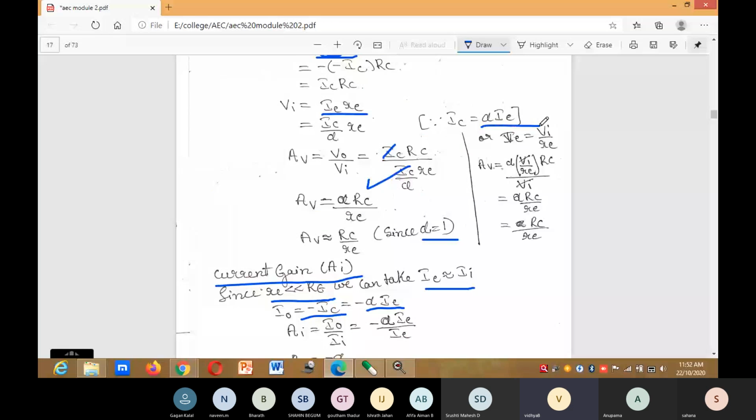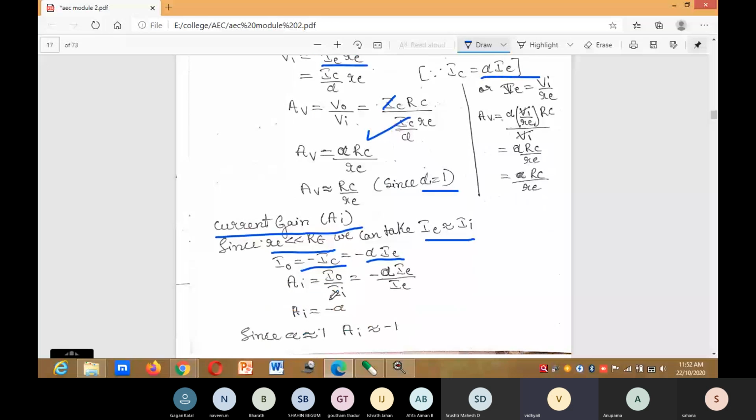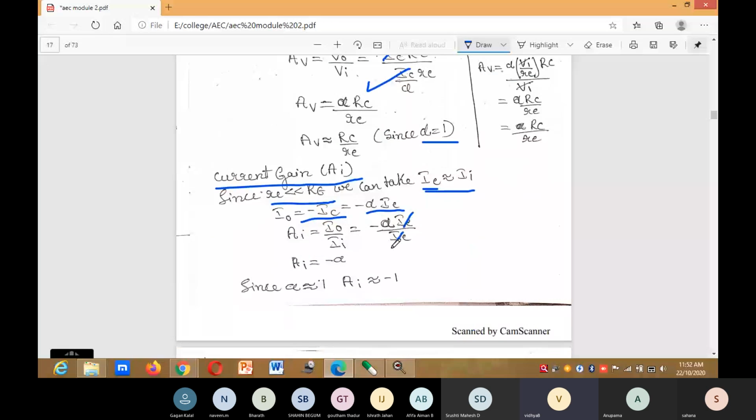So substitute: AI is equal to I0 divided by II. I0 value is minus alpha IE, divided by II, and the II value is IE, the emitter current. So IE gets cancelled and you are left with alpha. AI is equal to minus alpha. This is the current gain. Since alpha is equal to 1, you get AI equals minus 1.